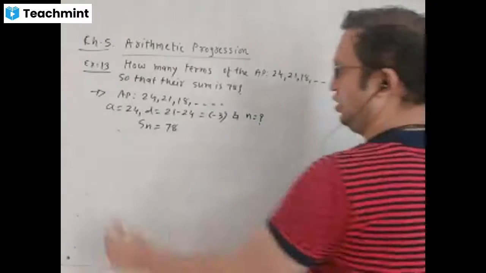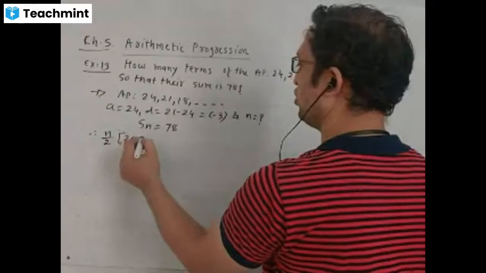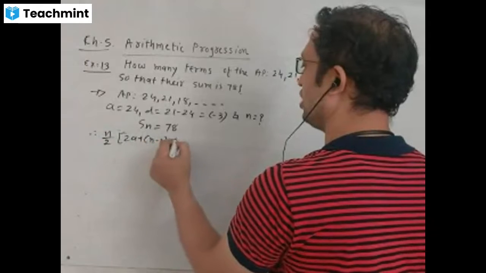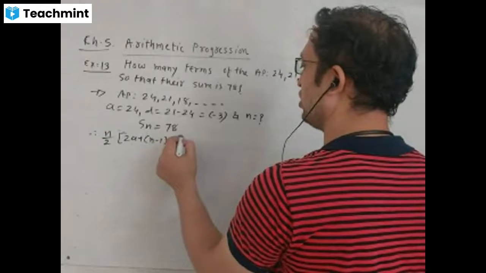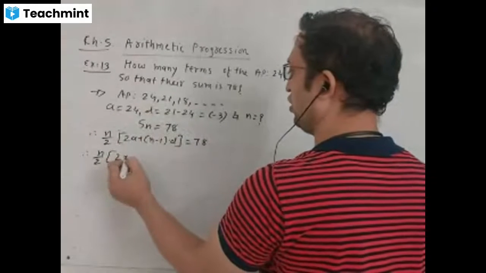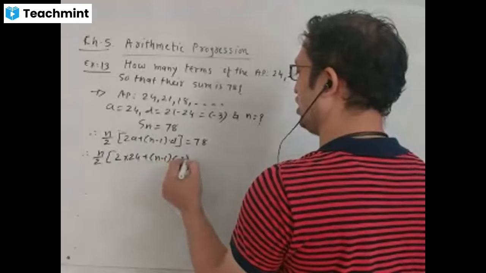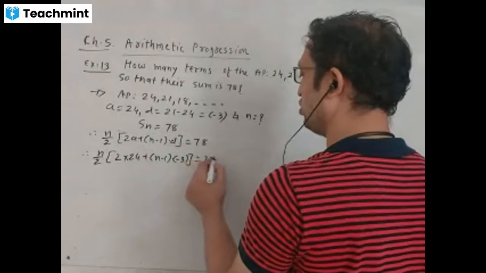Sn is equal to 78, therefore n by 2, 2a plus n minus 1 into d is equal to 78. 2 into 24 plus n minus 1 into negative 3 is equal to 78.